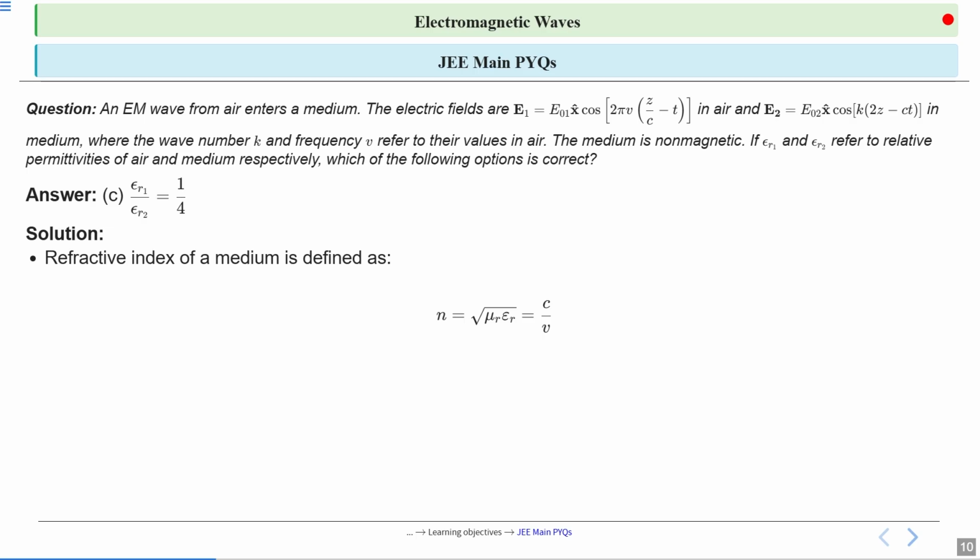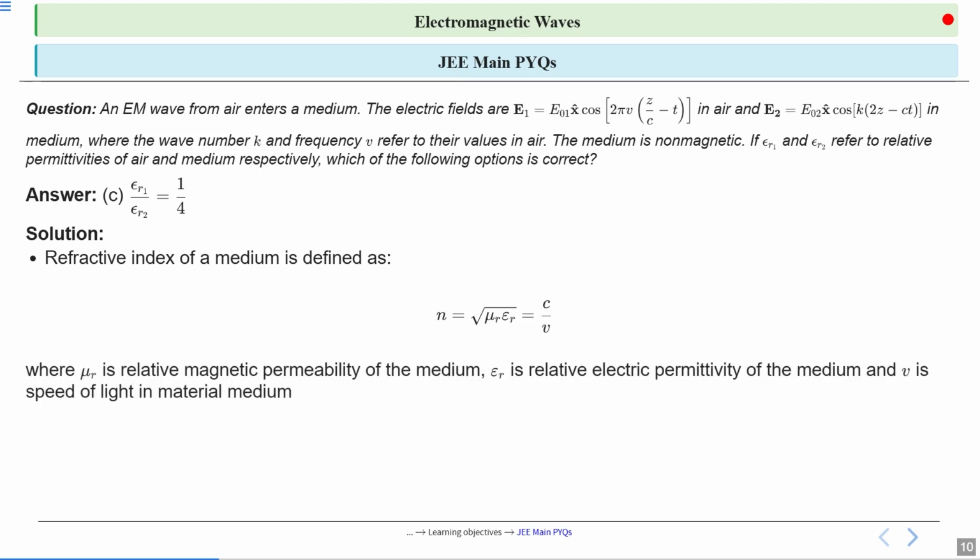It is also given by root mu r epsilon r. Mu r is the relative magnetic permeability of the medium and epsilon r is the relative electric permittivity of the medium, and v is the speed of light in the material medium.